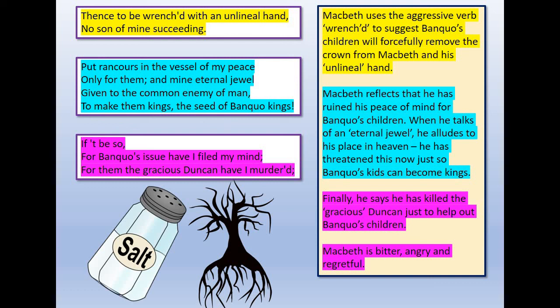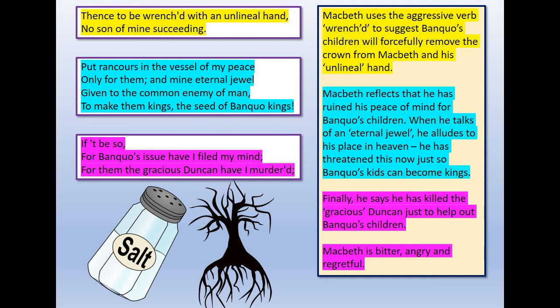And I think that really reinforces how much regret and guilt he's got about this. And he's done all of that just to help Banquo's children become king. He's very frustrated, he's bitter, he's angry, he's full of regret. He's full of a sense of dissatisfaction in this speech.